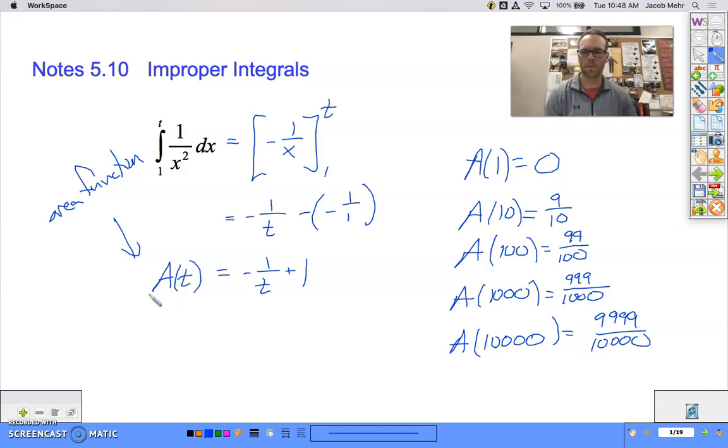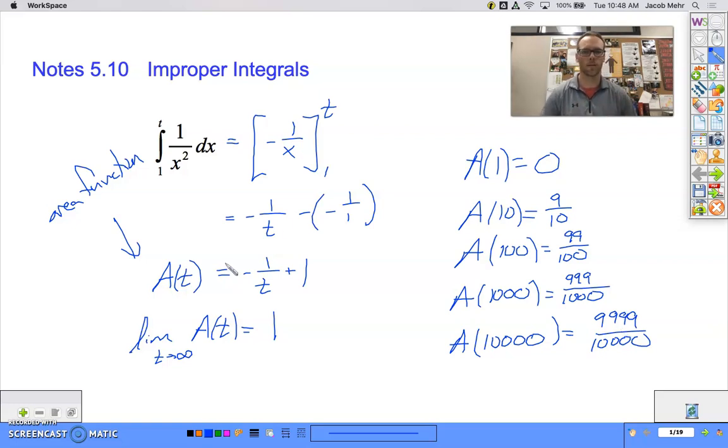And hopefully your observation here is that the limit as t goes to infinity of A of t is 1. Aren't these numbers continuing to get closer and closer to 1? They are approaching 1. As t increases, it approaches 1.